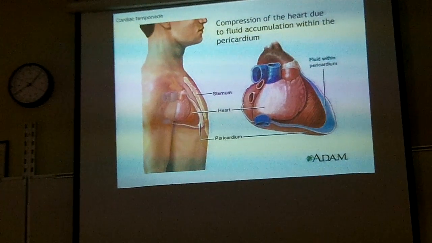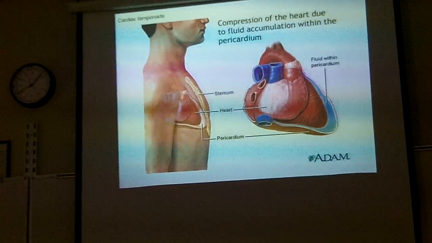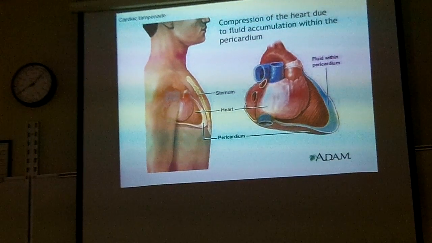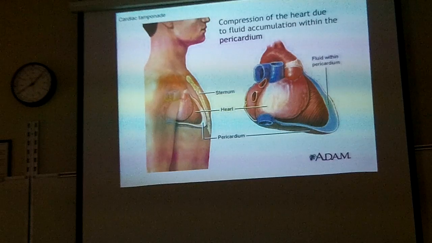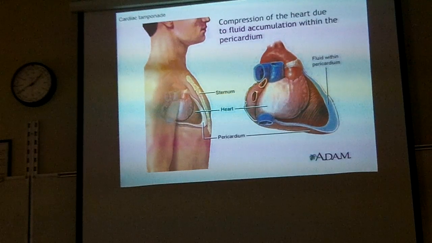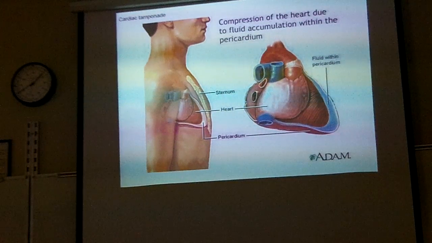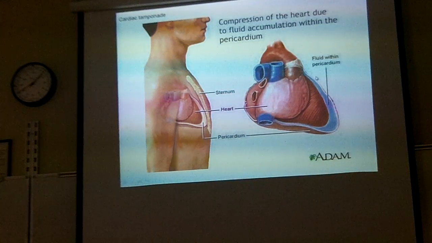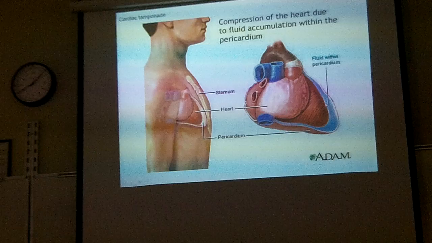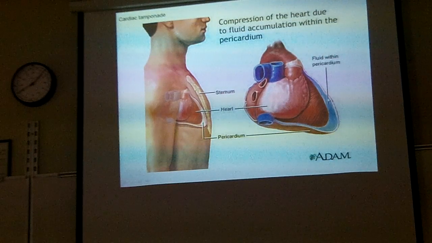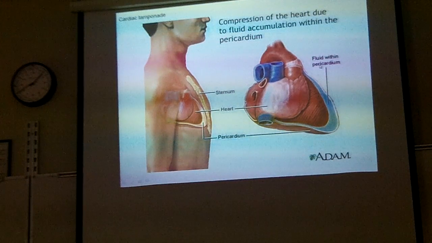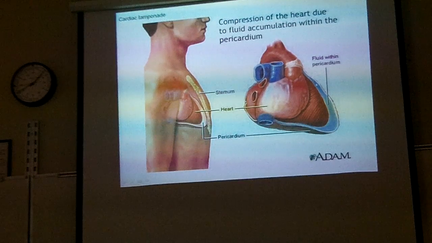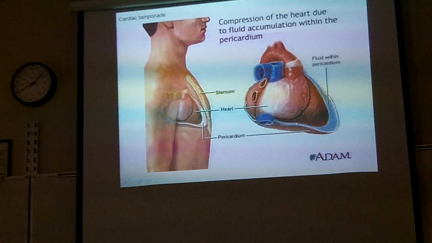Cardiac tamponade: compression of the heart by fluid accumulating within the pericardial cavity. Here in blue, this diagram shows fluid built up where there shouldn't be. Normally the pericardium, the membrane that surrounds the heart, lies flat on the heart.